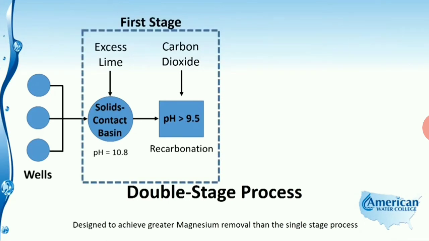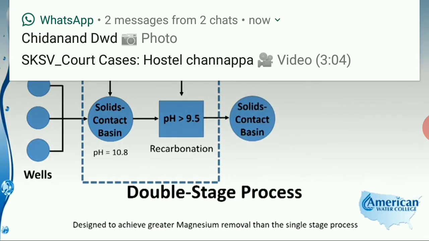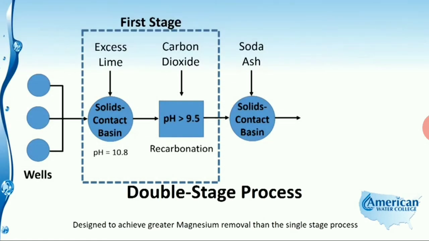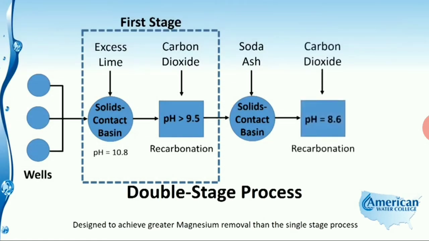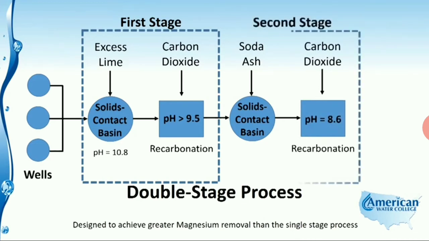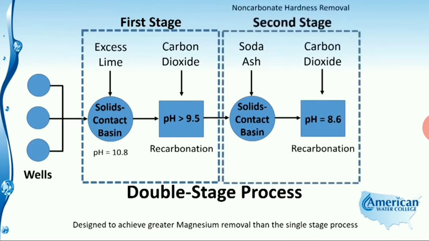And then we move on to the second stage of our double-stage process, and we send it to another solids contact basin where we add soda ash. And we send it through a recarbonation process again. Now, this second stage where we add soda ash, we do that to remove the non-carbonate hardness.